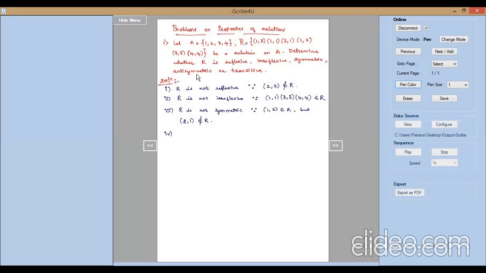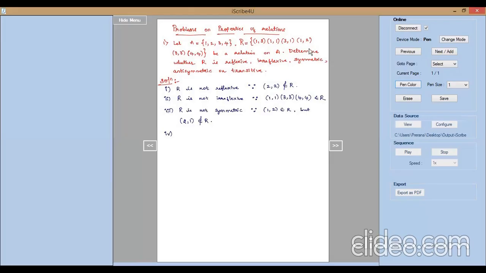Any relation R is said to be antisymmetric if (a,b) belongs to R and a is not equal to b, then (b,a) should not belong to R. I repeat, if (a,b) belongs to R and a is not equal to b, then (b,a) should not belong to relation R.